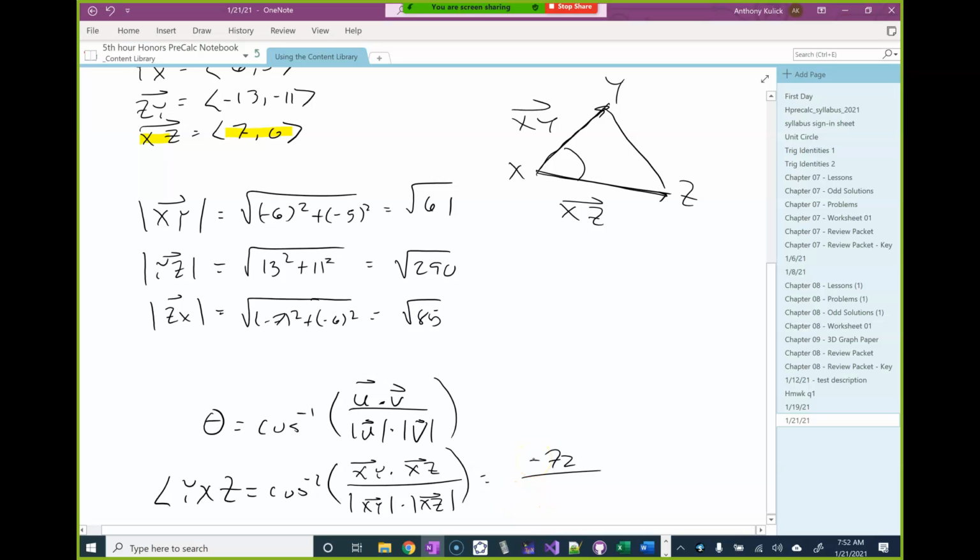And then the magnitude for xy is the square root of 61. Oops, forgot that cosine inverse there. And then the magnitude for xz is the square root of 85. If I type that into my calculator, that'll spit out my value.